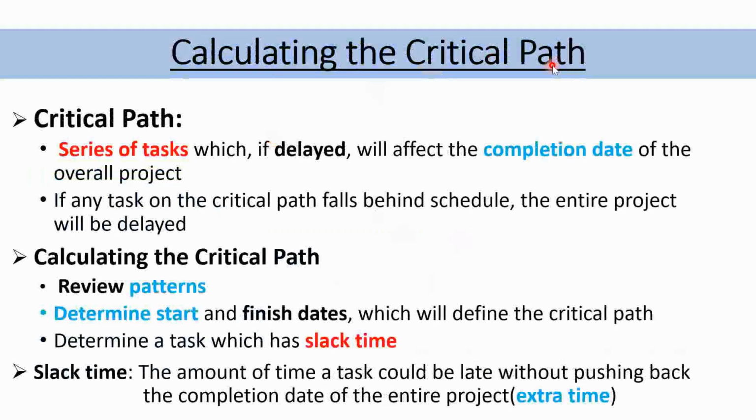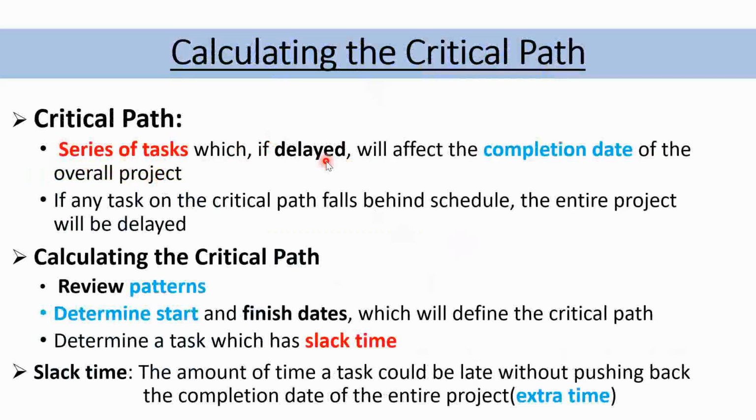Calculating the critical path. What is a critical path? A series of tasks which, if delayed, will affect the completion date of the overall project. If one is left behind or takes longer to complete, because for each and every task I need to estimate the time that it must be done in 20 days.